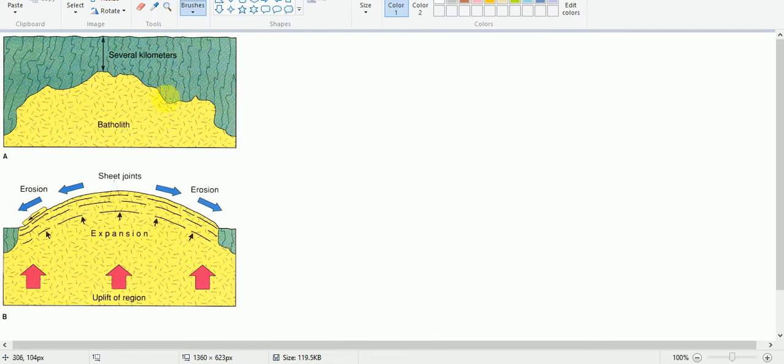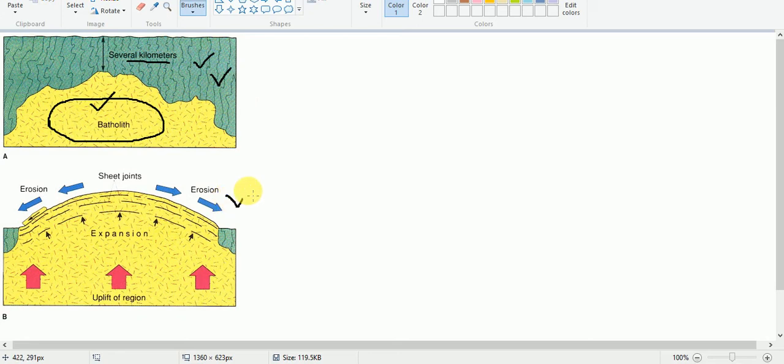See here, in this case, one very big batholith, that is an igneous rock, is buried underground, several kilometers thick. This batholith is under high pressure because of the weight of the overlying rock. When these overlying materials are removed, the pressure is relieved.